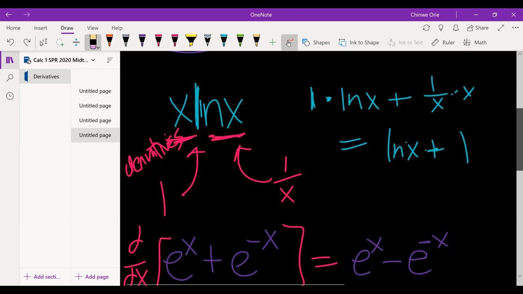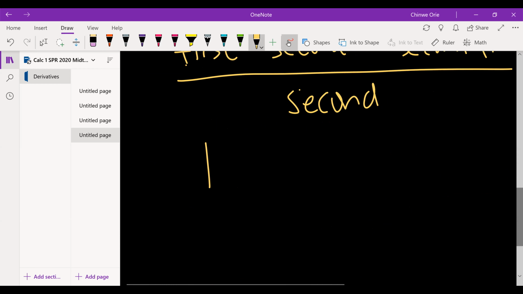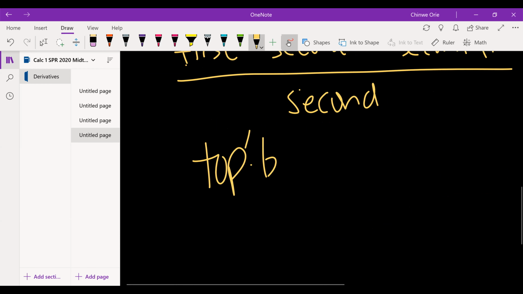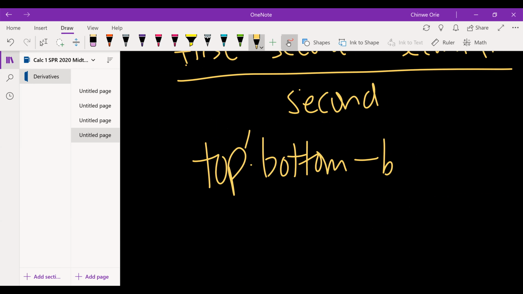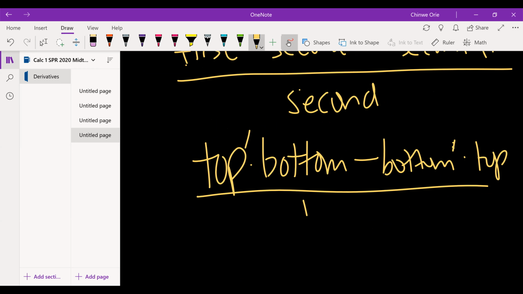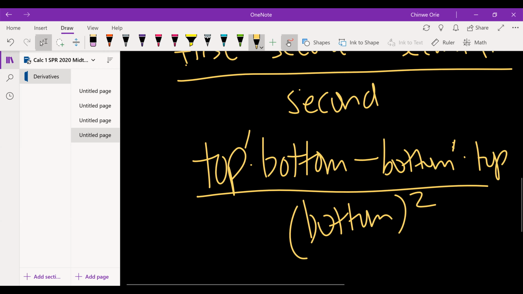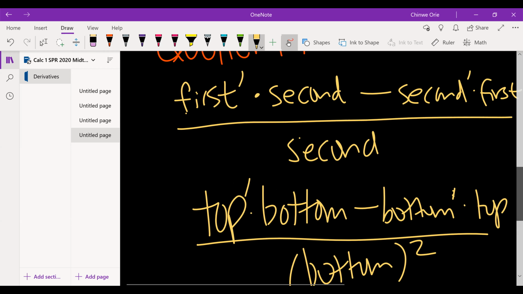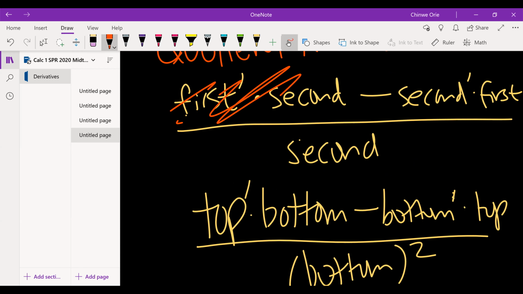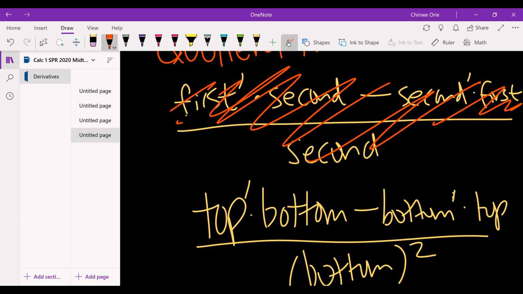Let me just rewrite it because it's not working. So top times the bottom. This is actually the right way to do it. Bottom minus the bottom prime times top divided by the bottom squared. That's the more correct way to do it. So you can disregard this junk. I mean, it's not wrong, but it's not the easiest way to think about it.